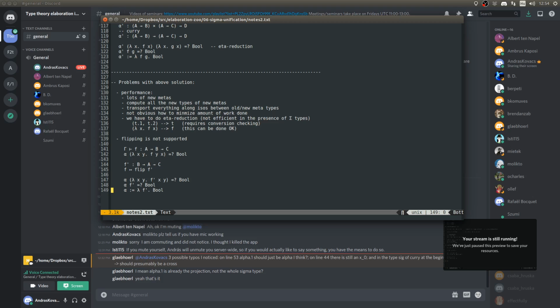If the flip isomorphism is generally supported, so we say that we have a full solution modulo flipping, then we can do arbitrary permutation because we can just use flipping multiple times. So this is not just simple flipping, but potentially permuted arguments anywhere.